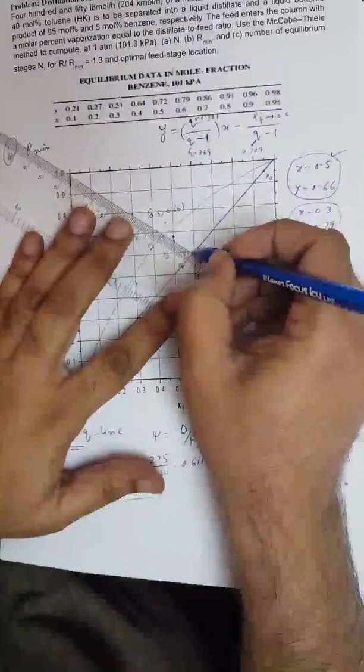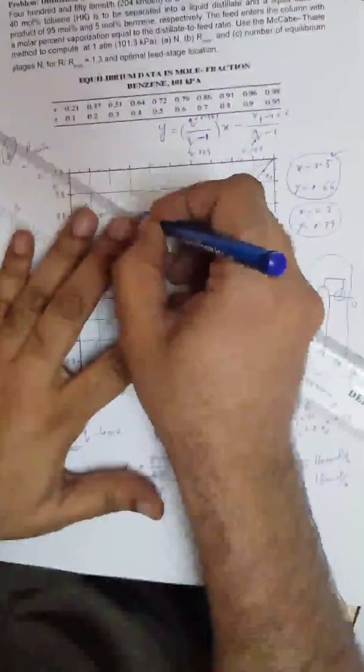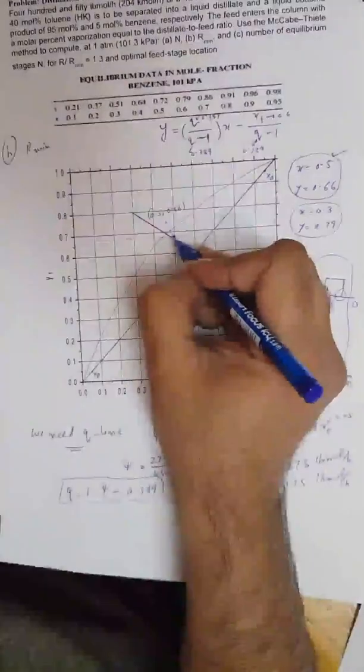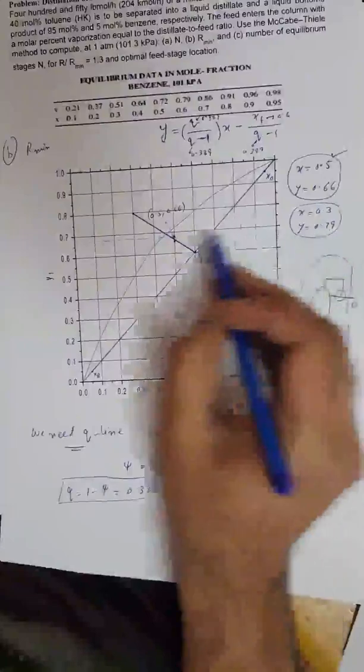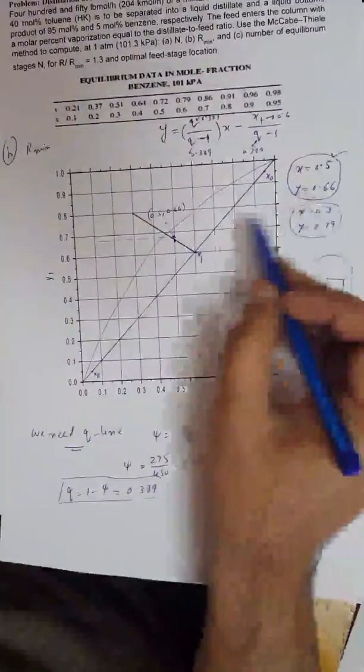At 0.3, you got 0.79. Once you have 0.5, you got 0.66.